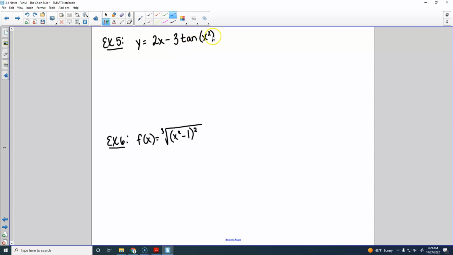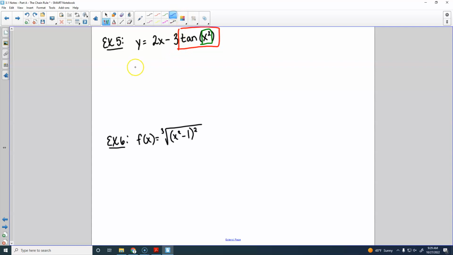I've got 3 tangent x squared. What do I need for this? I'm going to need a chain rule. What's my outside function? That tangent right there. And then the inside is this x squared. The 3 is just a coefficient, so it's just going to hang out front, right?